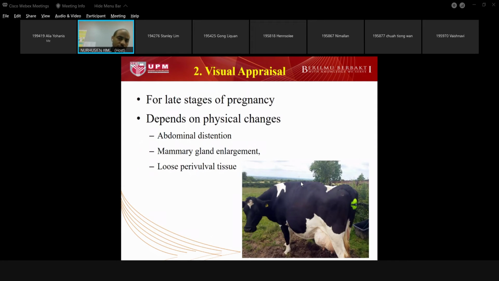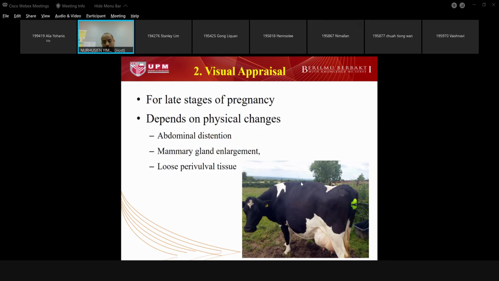So another method is visual appraisal. This is a layman method that can be done usually by farmers during the late stage of pregnancy. It has very limited significance, because when we talk about pregnancy diagnosis, the diagnosis is very important during the early stage of pregnancy.